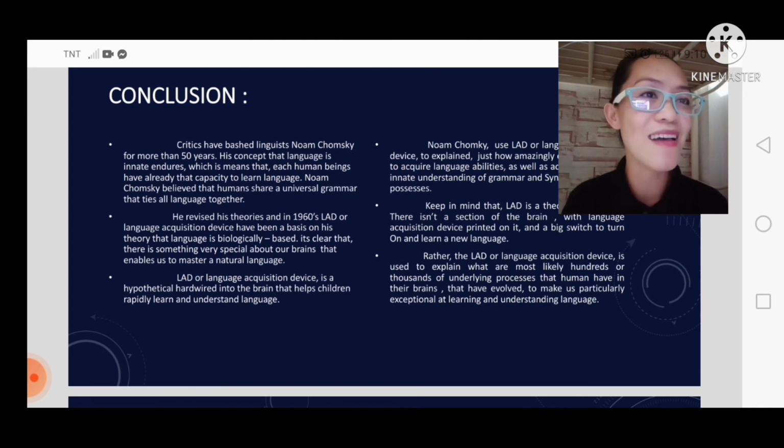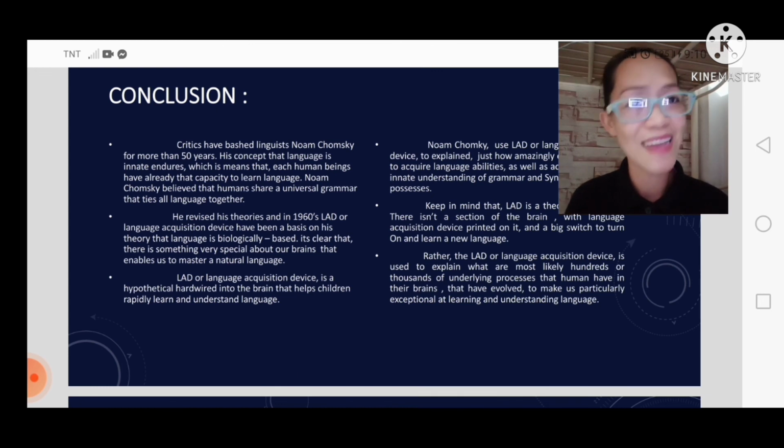That's the belief of Noam Chomsky. And he believed that humans share a universal grammar that ties all language together. He revised his theories in 1960, with the LAD as a basis of his theory that language is biologically based.